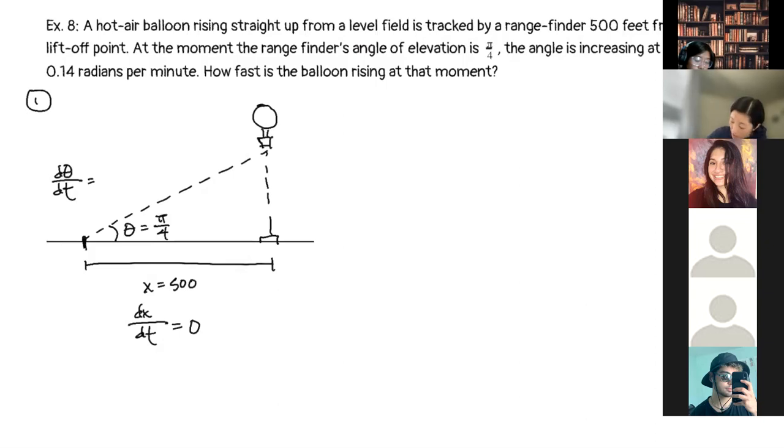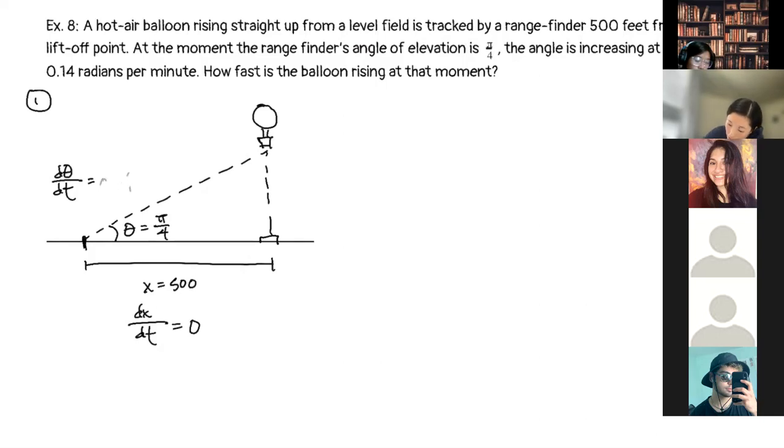Yeah, great job, David. This is a rate of change. So we can say that it's 0.14 radians per minute. Very nice. Now, is this angle getting bigger or is it getting smaller? It is getting bigger.